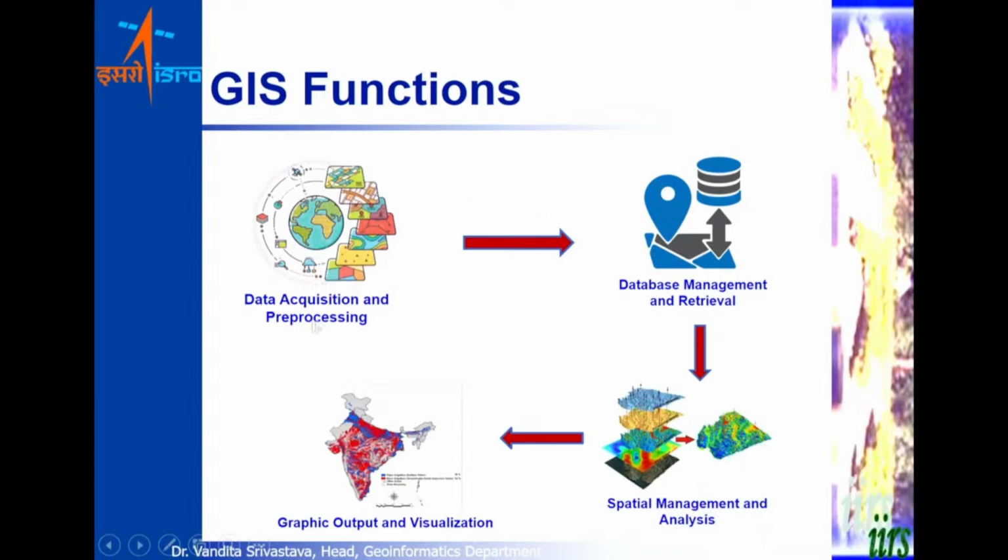A GIS software should have data acquisition and pre-processing capabilities. That is, it should be able to acquire the data into GIS and pre-process it. If there are errors, it should be able to correct them, and geo-reference the data, that is, reference the data with respect to geographic coordinates, and then manage and retrieve the data stored in the GIS.